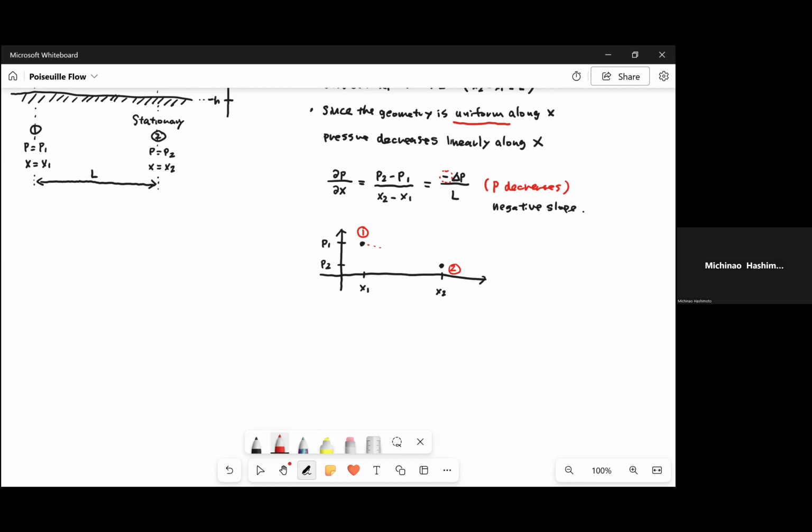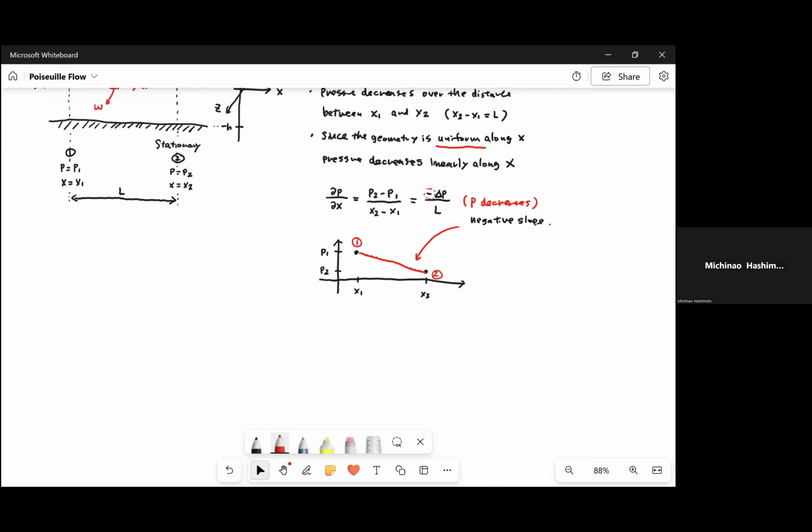Then some line is going to go down. This particular negative slope is really what I mean. So anyway, this is just a little bit of the setup.